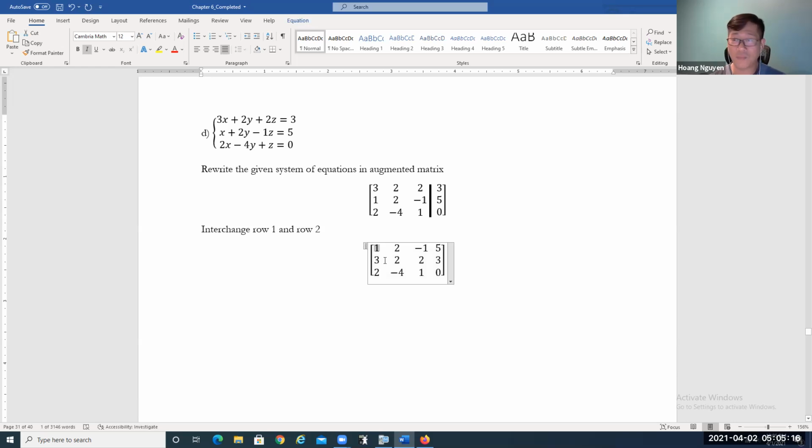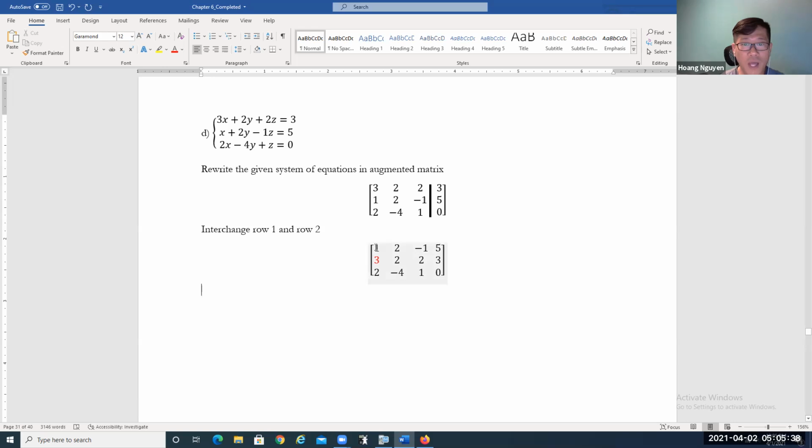Now I want to make all of the elements below that 0. So I want to make the first number right underneath that element 0. So what are we going to do? Okay. So if you want to make this entry equal to 0, I think that we're going to use row 1 and row 2 now, right? Row 1 and row 2.